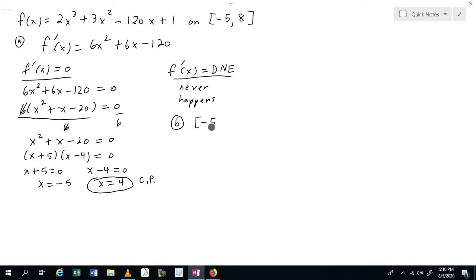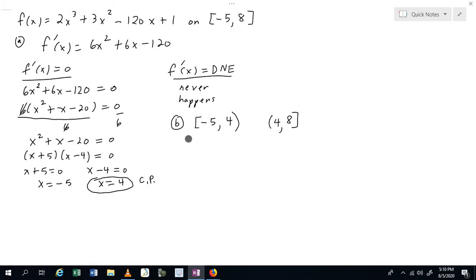We're going to start at -5, the left endpoint, and then we're going to stop at 4, not including the 4. Then we're going to pick up at 4 and continue on until we get to the next critical number, which there isn't anymore. And then eventually you'll get to the right endpoint. So this domain breaks up into two intervals.